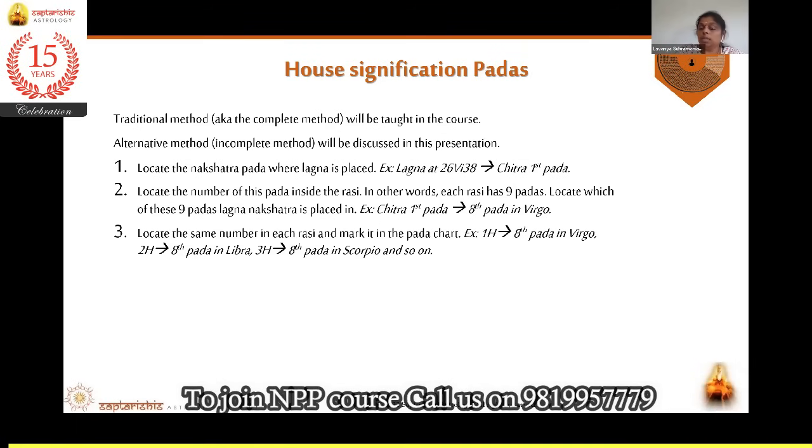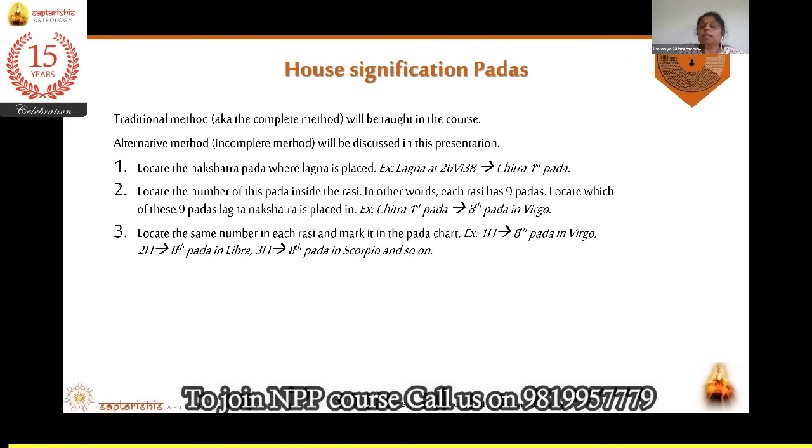These padas will influence the respective houses more than any other padas. So in the Virgo sign, the Lagna will be influenced by the 8th pada in Virgo. The second house of the native will be influenced by the 8th pada in Libra, which will be Vishaka, correct?